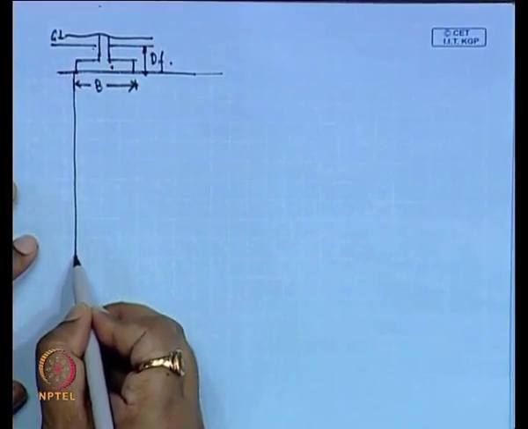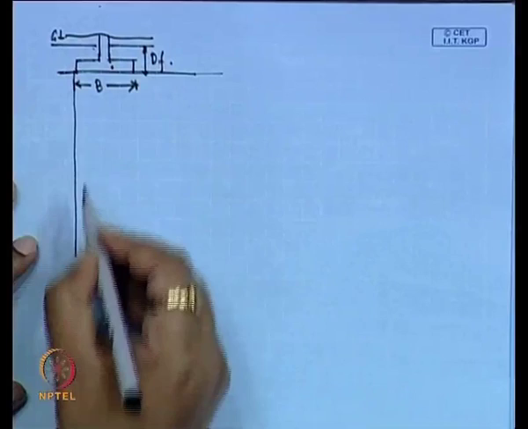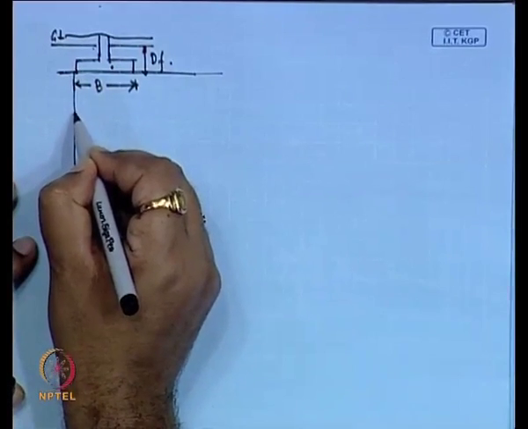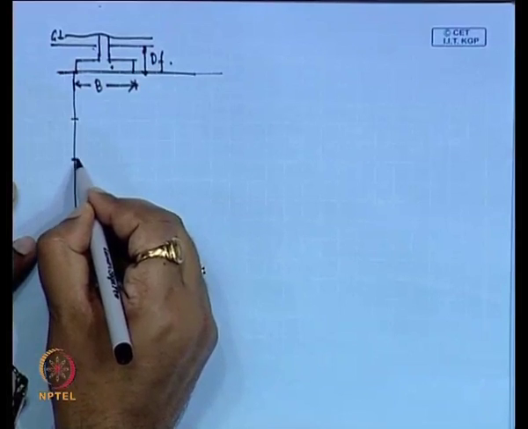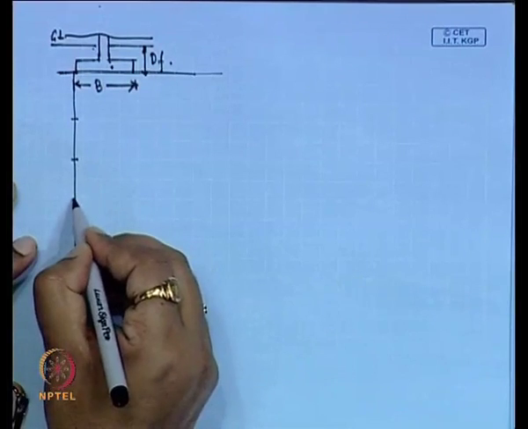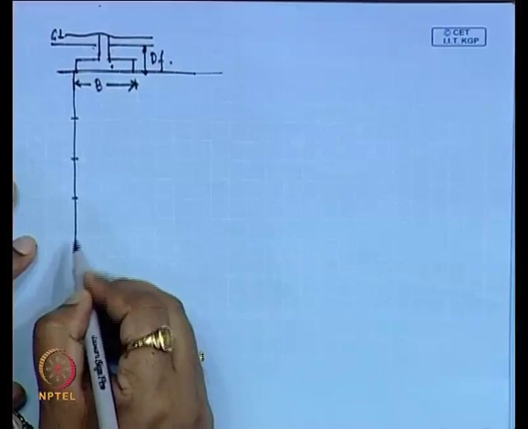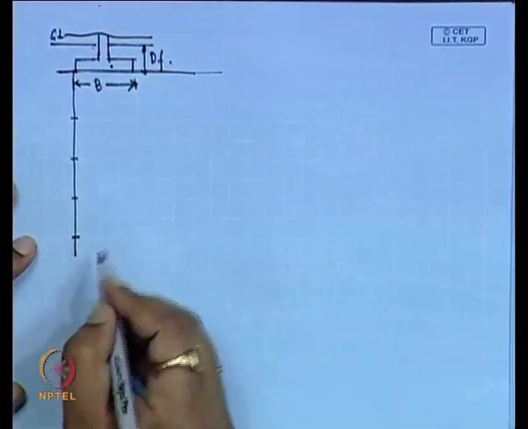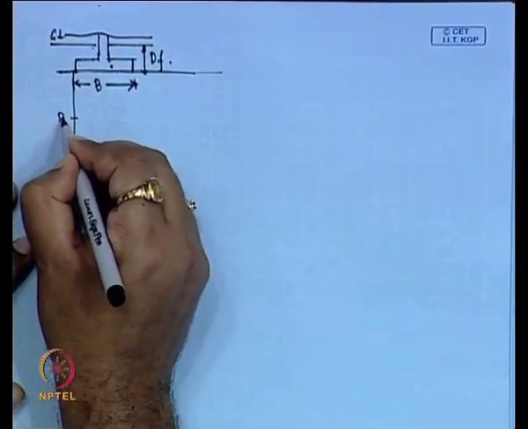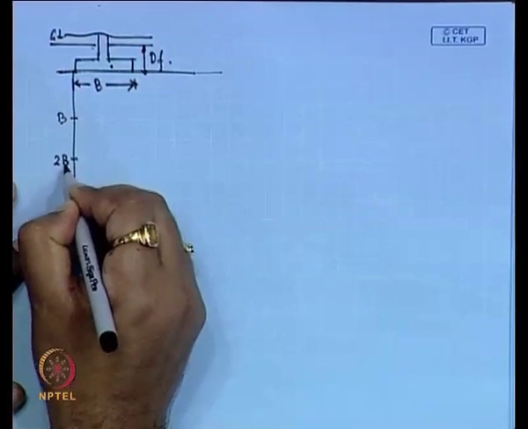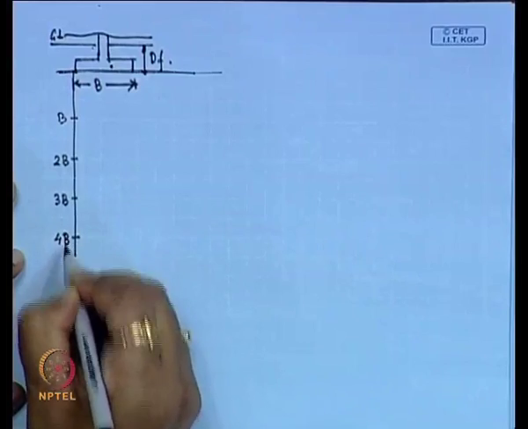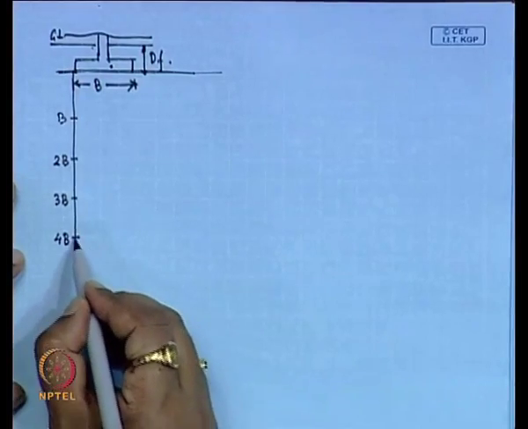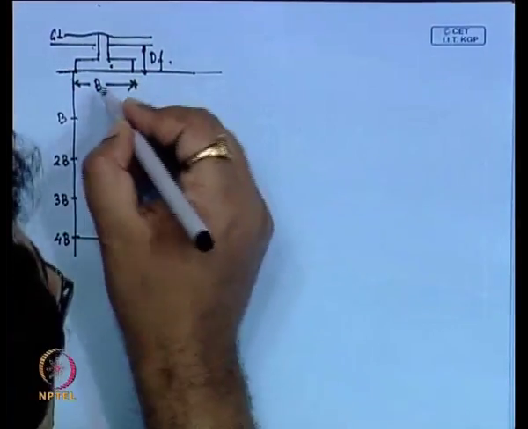we draw these lines: this is for B, this is for 2B, this is for 3B, and this is for 4B. So, this is the B line, this is the 2B line, this is the 3B line, and this is the 4B line. So, you will get this chart.